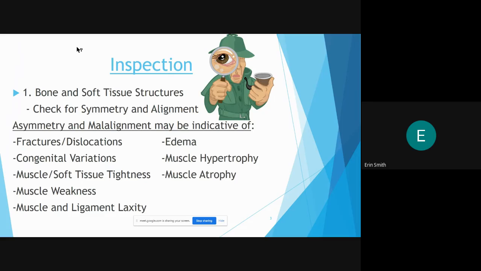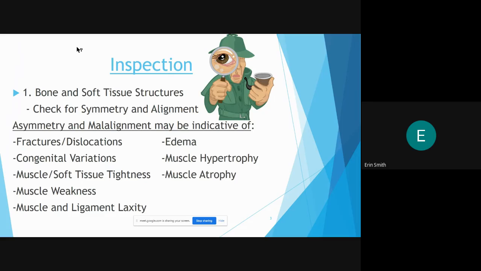So if we see a bulge on a patient's arm or a leg, that can be indicating that maybe there's an underlying fracture. Any congenital variations, we can notice just by asymmetries, muscle tightness, muscle weakness, like we already talked about.